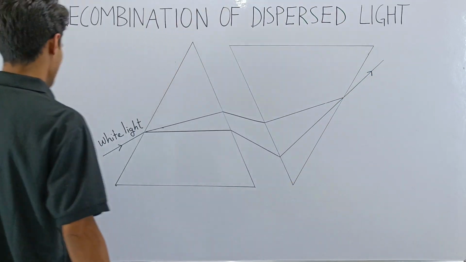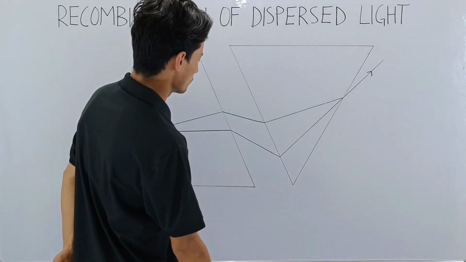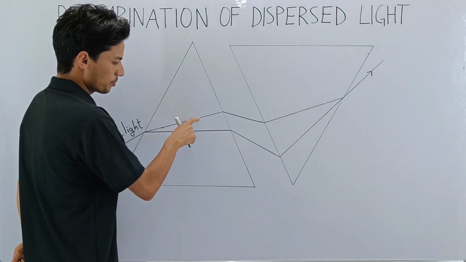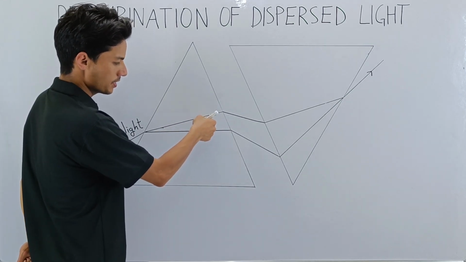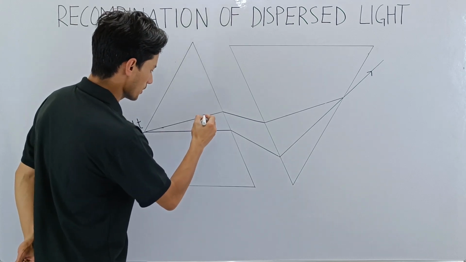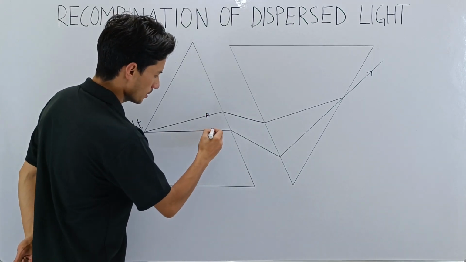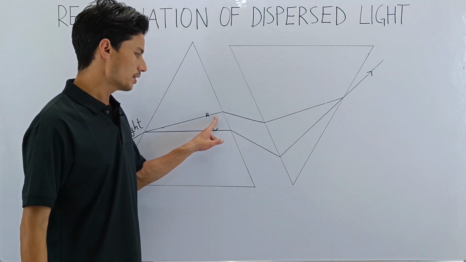All right, so this is how the diagram looks like, class. Now, what do you suppose this color will be? This is red. Remember, this is the red wavelength, and this is the violet. Violet is at the bottom and red is at the top.